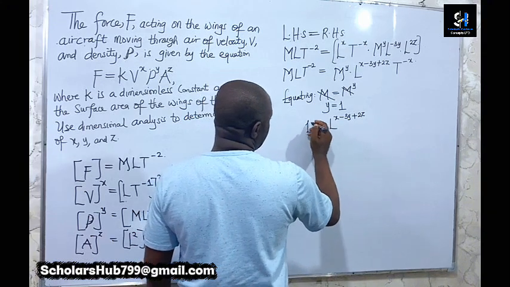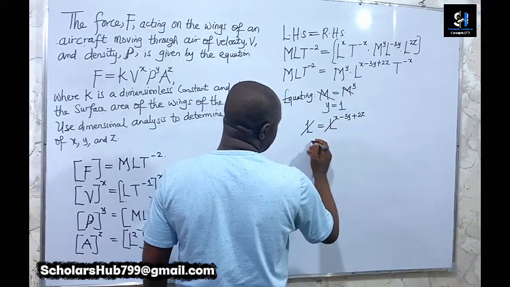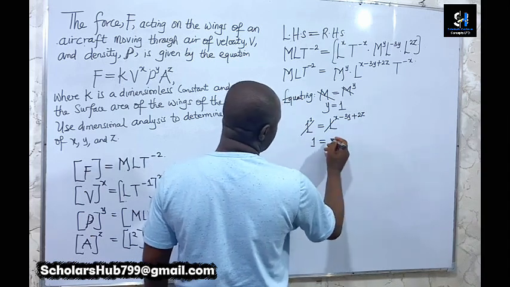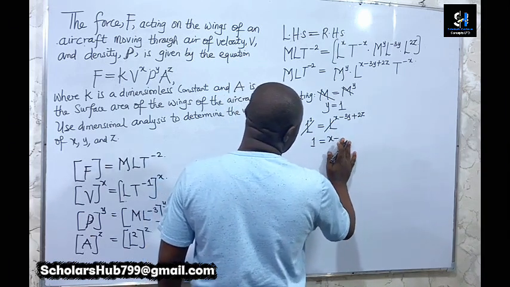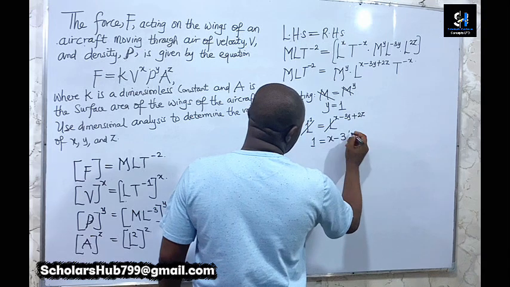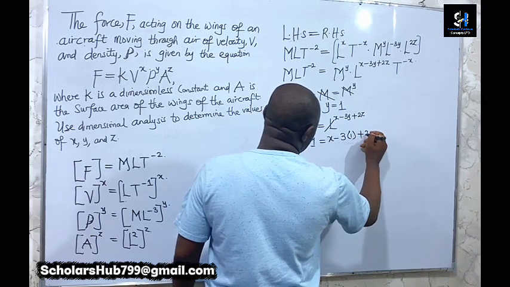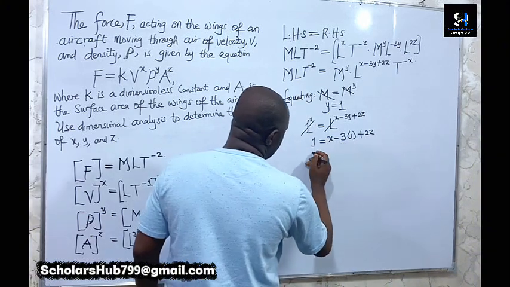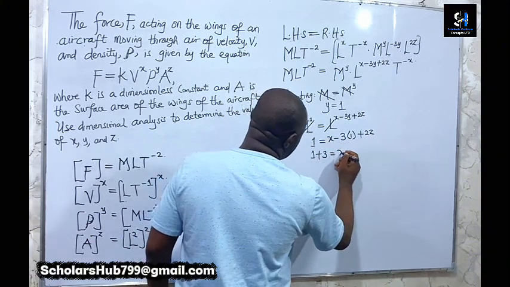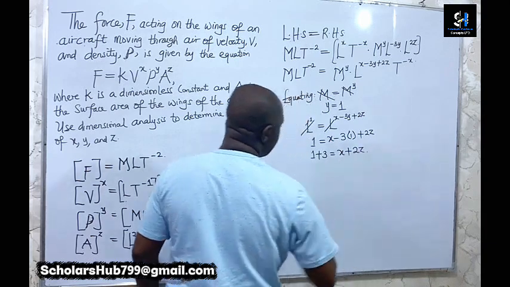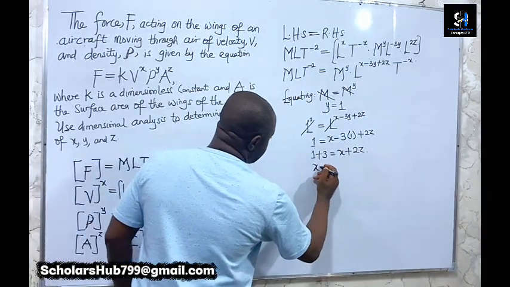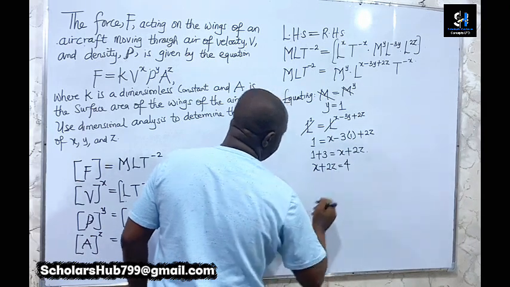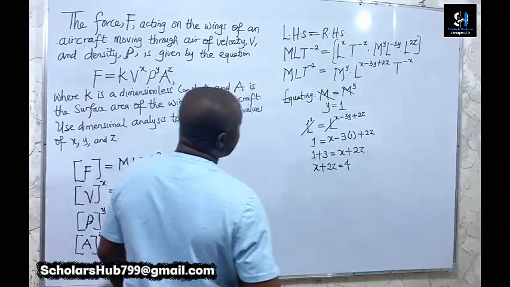When this cancels, this will be 1, so 1 equals x minus 3 times 1, plus 2z. I'll bring this here so that 1 plus 3 equals x plus 2z. So x plus 2z will be equal to 4.